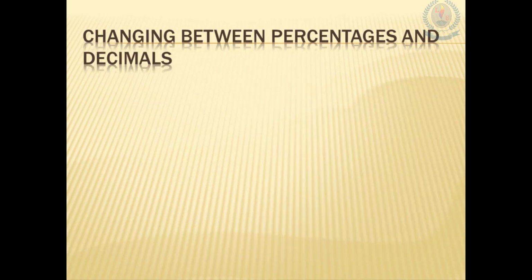Changing between percentage and decimal. First example, 30%. If you want to write it as a decimal, first you want to write 30% as a fraction. 30% means 30 out of 100. As the second step, you can simplify that fraction and make that denominator 10.